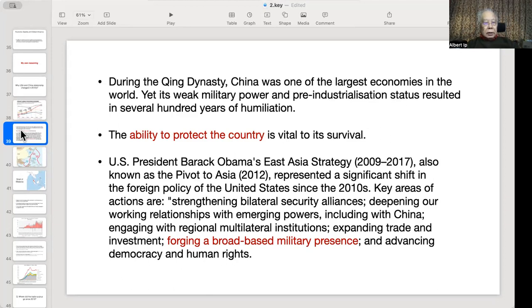I highlighted forging a broad-based military presence among many of the key areas, because as part of this increased military presence, the United States is going to put about 2/3 of its naval power into the Pacific area.